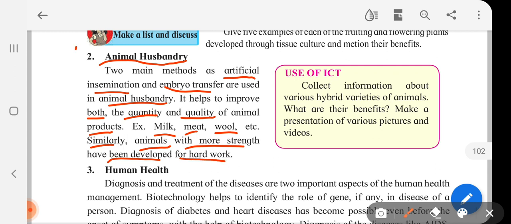So, in the field of animal husbandry, biotechnology played a very important role in improving the quality of milk products as well as bringing about new varieties in animals in their species.